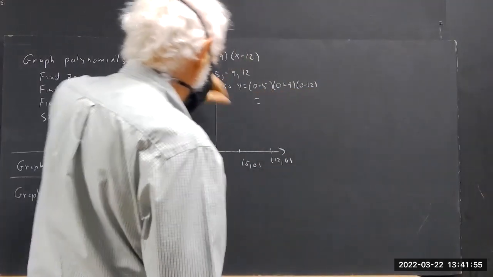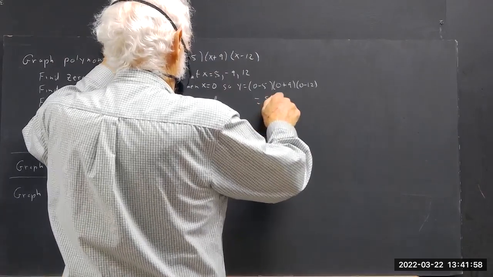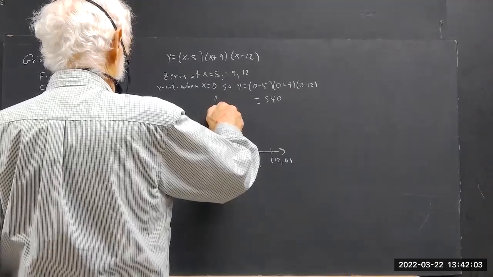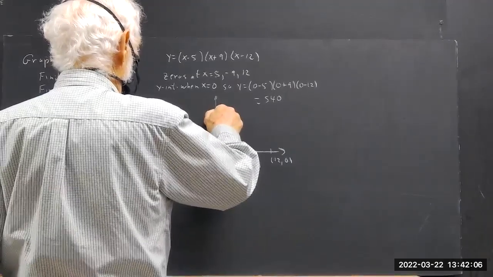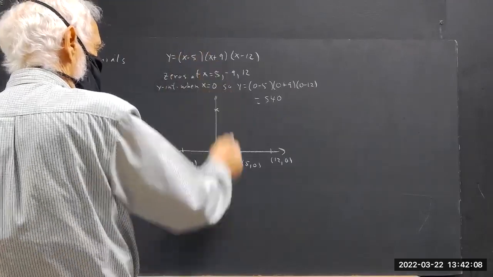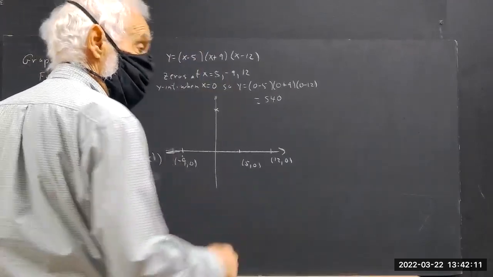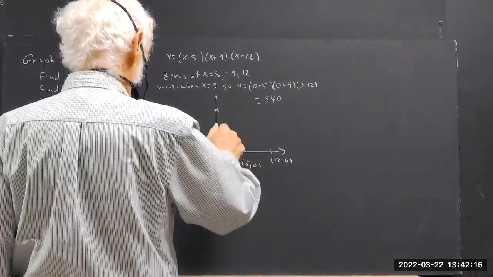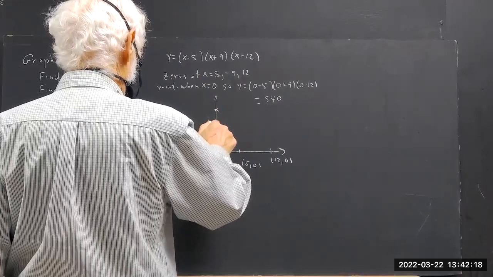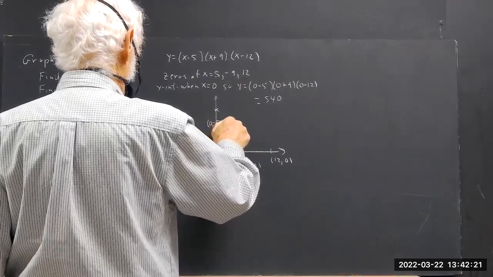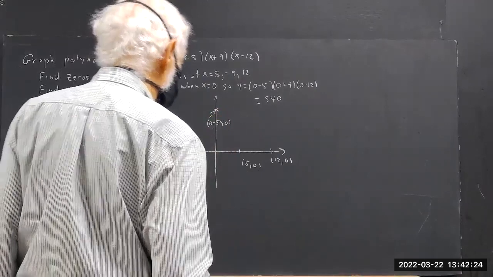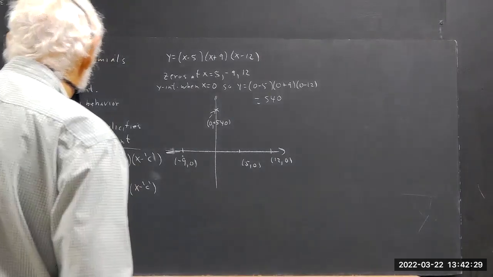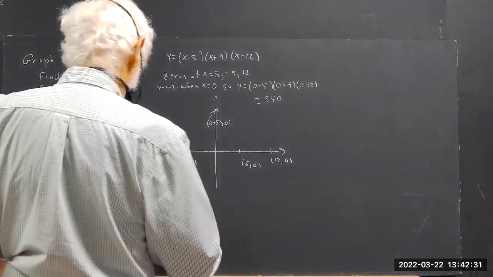Well, 5 times 12 is 60, multiply that by 9, you get 540. And it's positive. So here we have 540. I'll just put it here. I don't want to put it too high because the graph might have to go above this point to come back down. Probably will on one side or the other. But in any case, we have a point. Okay. So the end behavior.